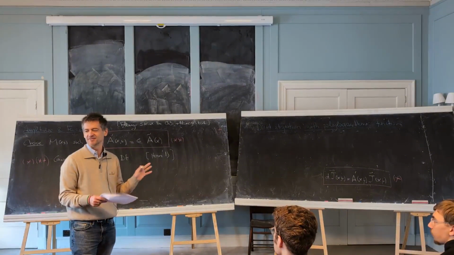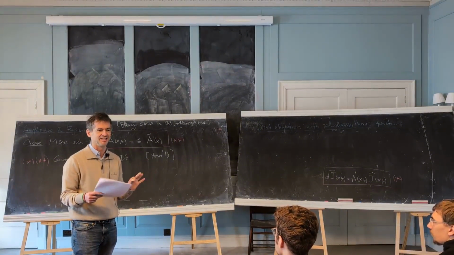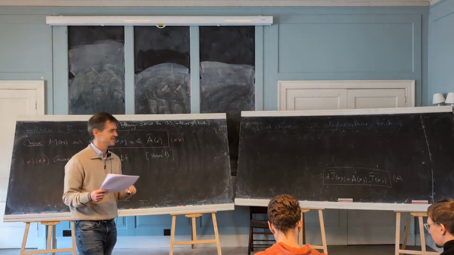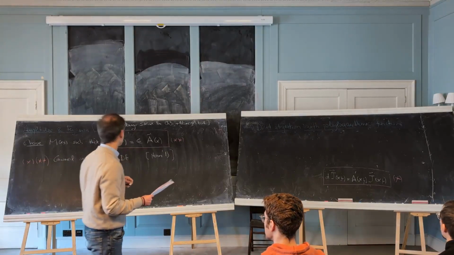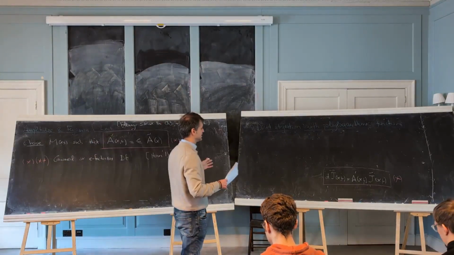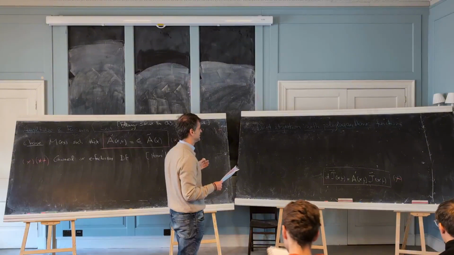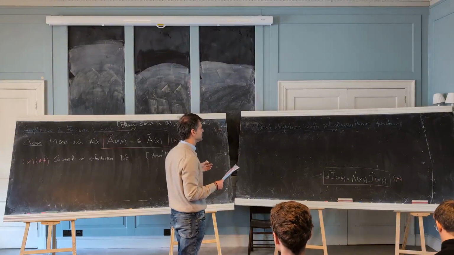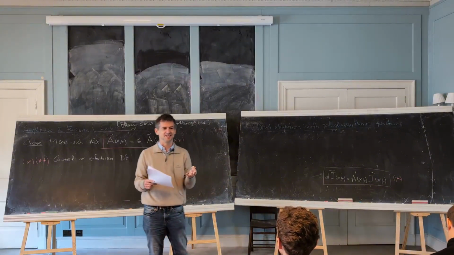Just so that I make sure I have enough time to tell you what I had planned and hoped for. We were in the process of writing down differential equations for the master integrals.